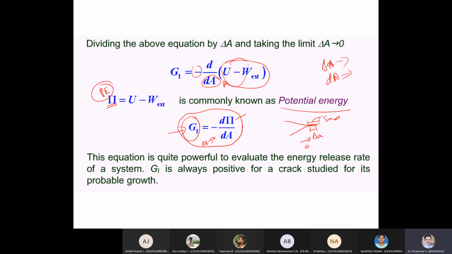So I want to find the energy release rate of any system. G1 is always positive for a crack, for the crack to grow. Then only the growth, it should be positive.